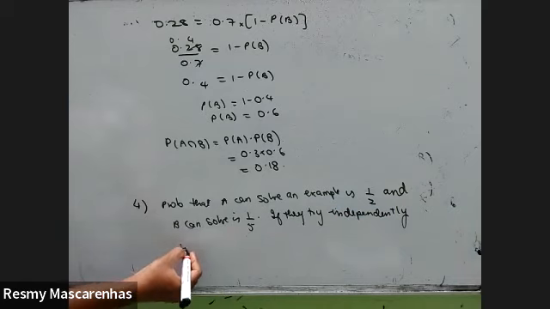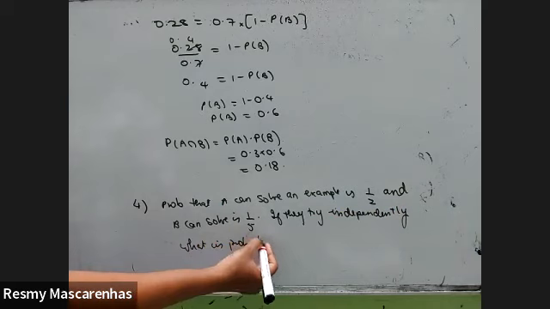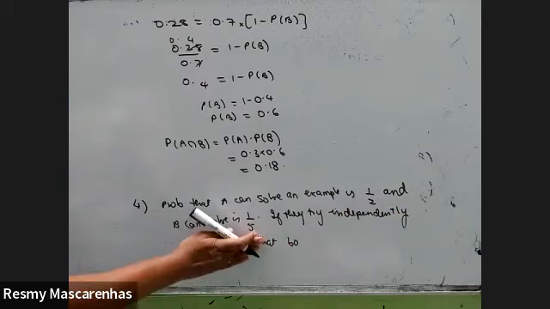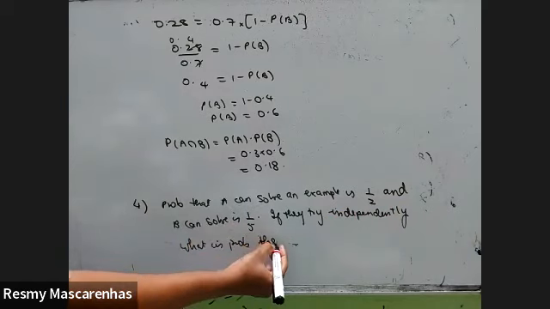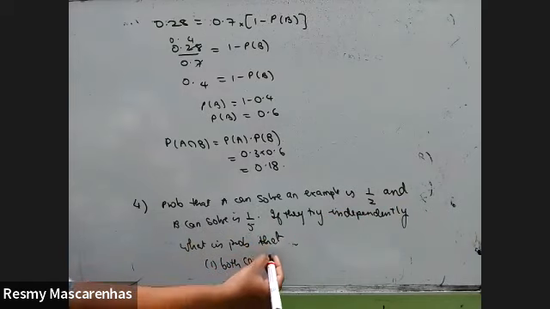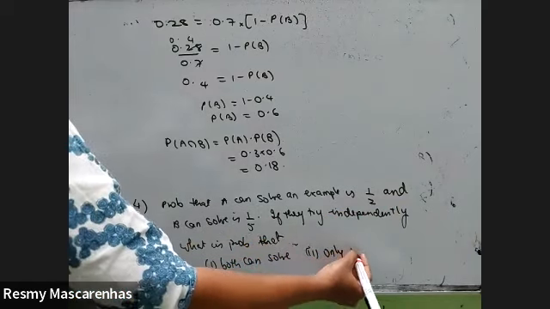What is probability that first one, both can solve. Second one, only one can solve.